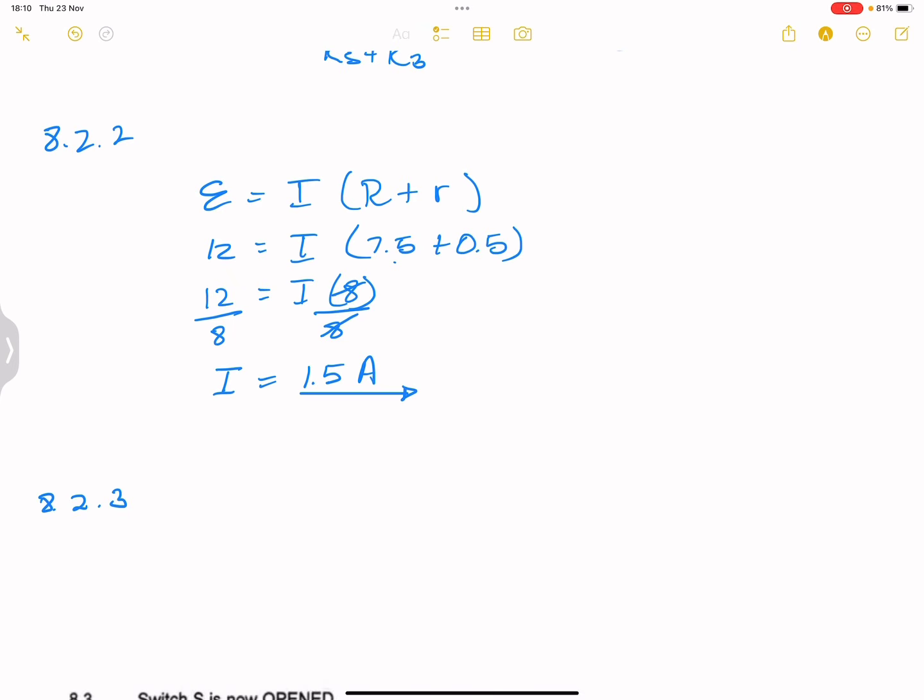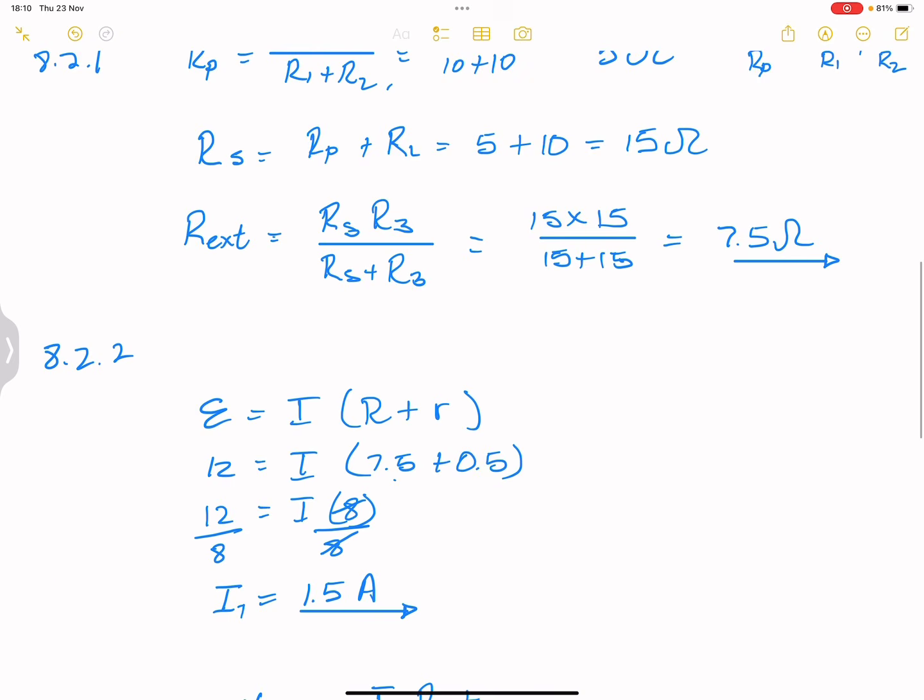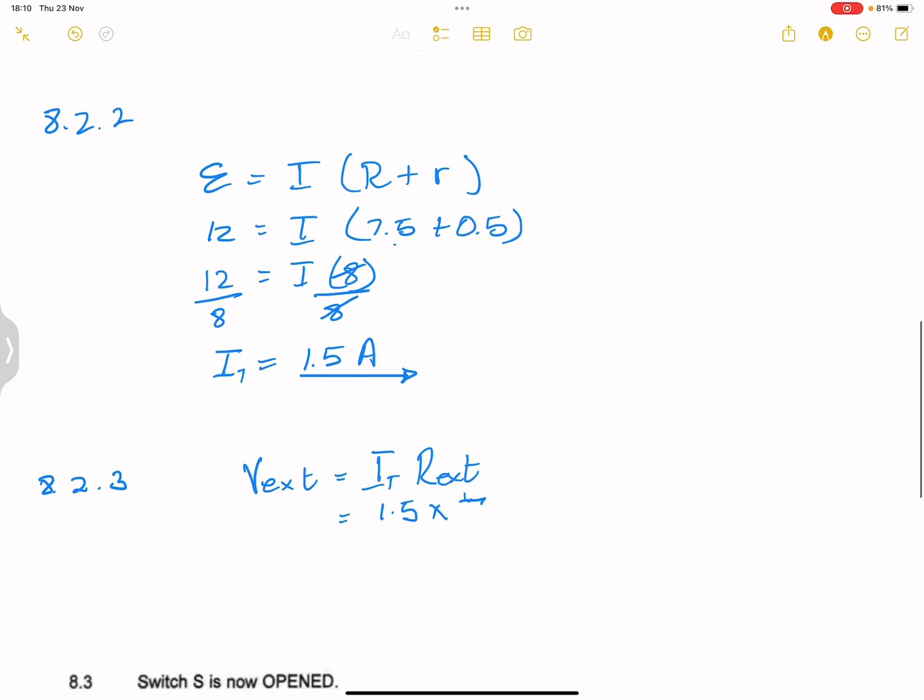So because we're looking for power, that's 8.2.3, right? Let me look for V external. We know that it's going to be I total times R external, right? This is what we just found there, which is the total current. So I'm going to say this is 1.5 multiplied by the external resistance. Remember, this was 7.5, right?